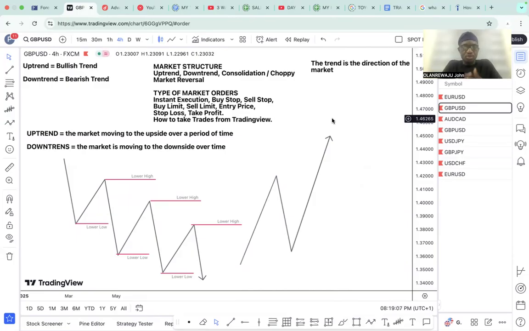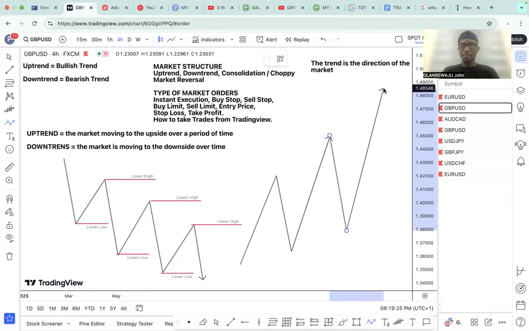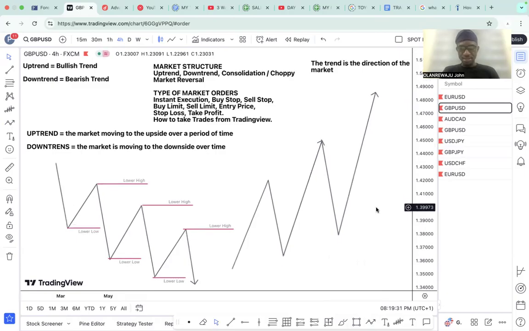What I will teach you, what most people will then teach you to do now, is that you wait for the market to come back and create this higher low. And when it comes to create this higher low, you can join it in going back to then create the higher high. Is it making sense? I believe it is. That is how we make technical analysis.